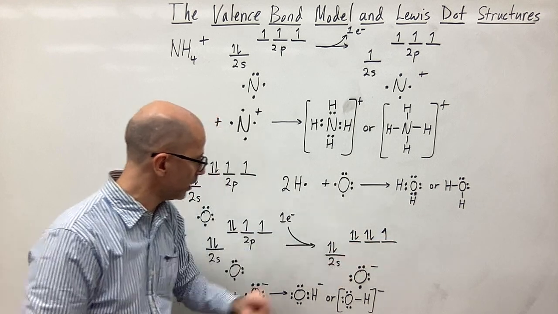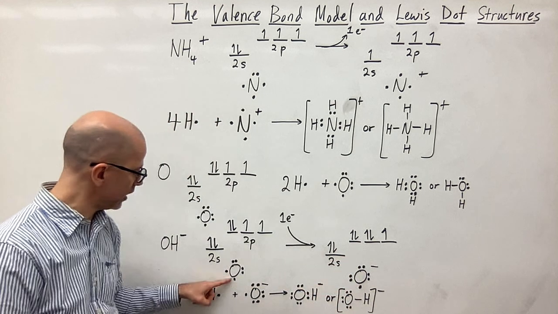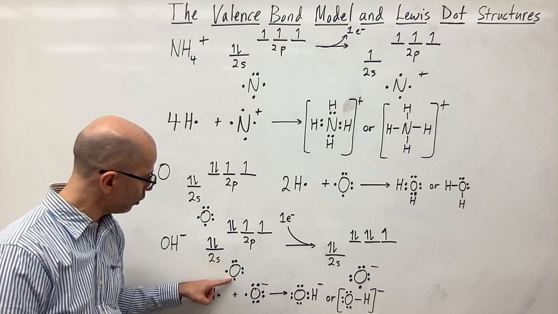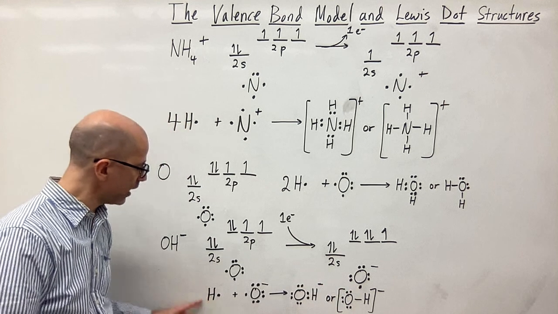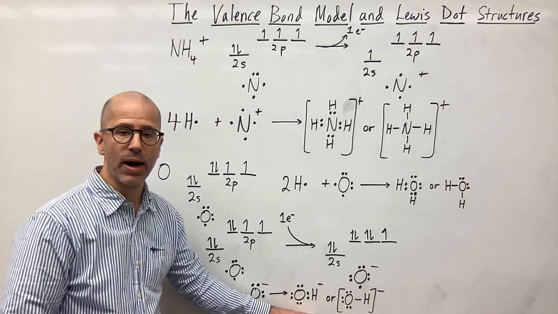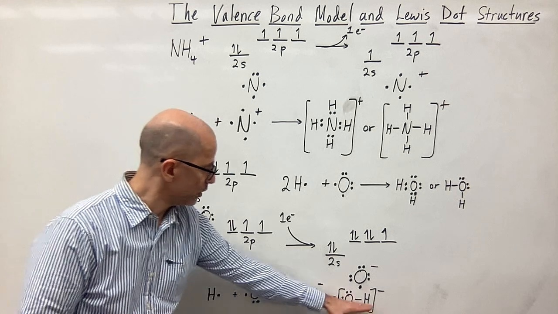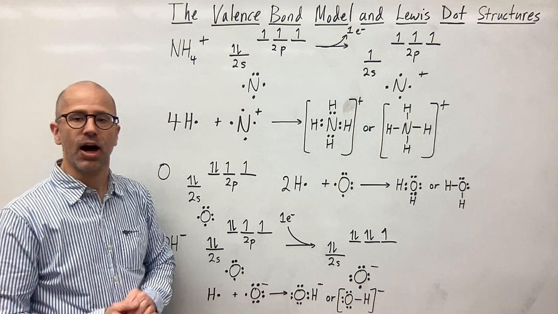You have 1 unpaired electron, and so now you have 1 unpaired electron in the Lewis dot symbol instead of 2. And so now you can pair up 1 hydrogen with that 1 unpaired electron to form OH minus. And so that's what you get here. So you can use the valence bond model to explain these as well.